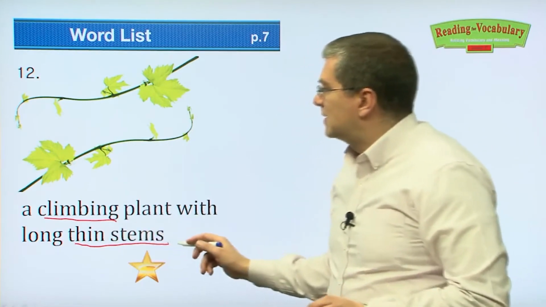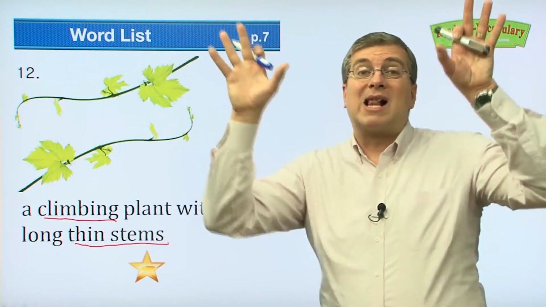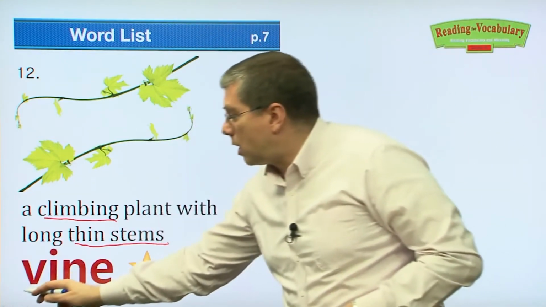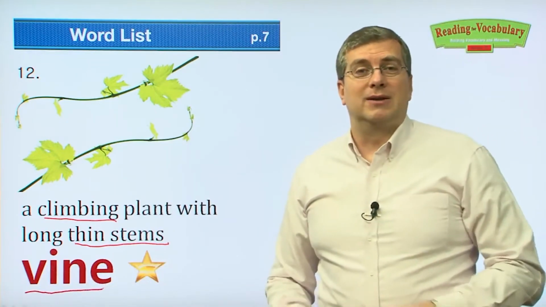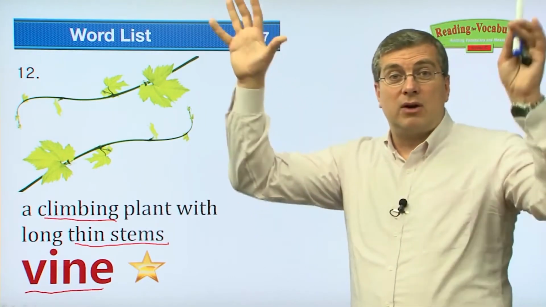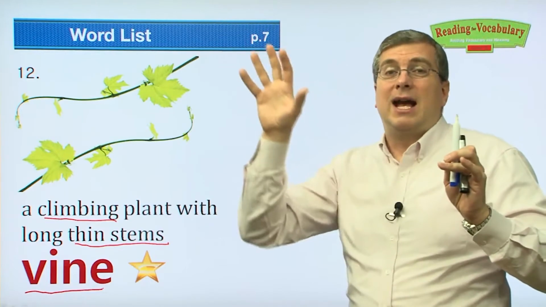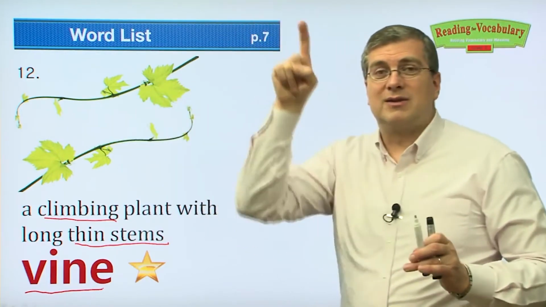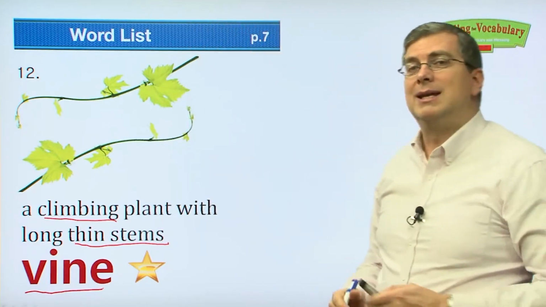So this is a plant with long, thin stems that grow and climb up walls. We call it a vine. On some very old buildings, especially old brick buildings, you can see that they're covered with a green plant, because the vine has grown up. They've got little hooks on the stems, and they hook onto the wall and climb up the wall. Very nice looking, very neat.